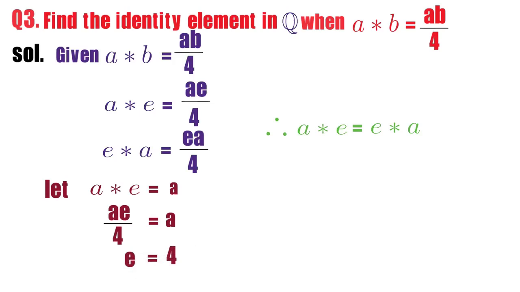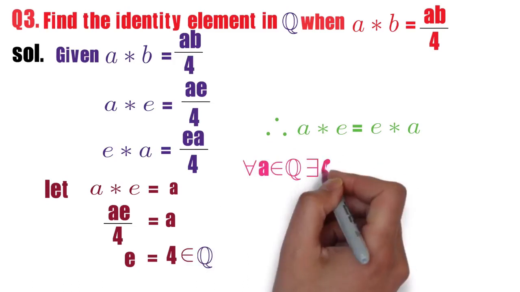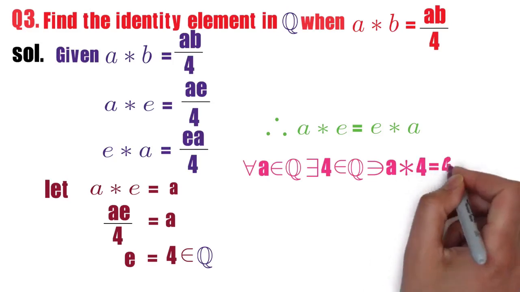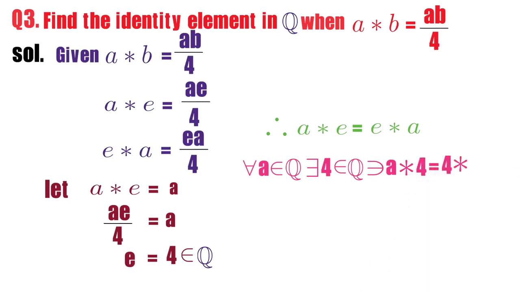Is 4 a rational number? Check it. Yes, 4 is a rational number. So for any a belongs to Q, there exists 4 belongs to Q such that a star 4, you can check, calculate a star 4, you will get a only. a star 4 equals 4 star a equals a.